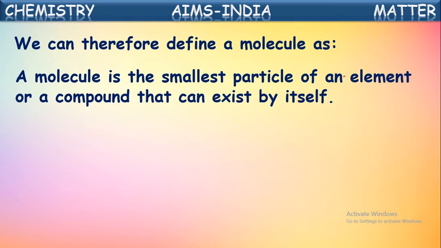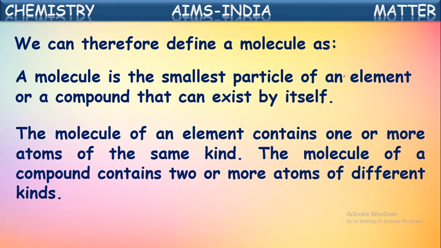An atom may or may not exist independently. Few atoms can exist independently, but few atoms cannot. But molecules of an element or compound can exist independently. So we can define a molecule as the smallest particle of an element or compound which can exist independently or by itself.